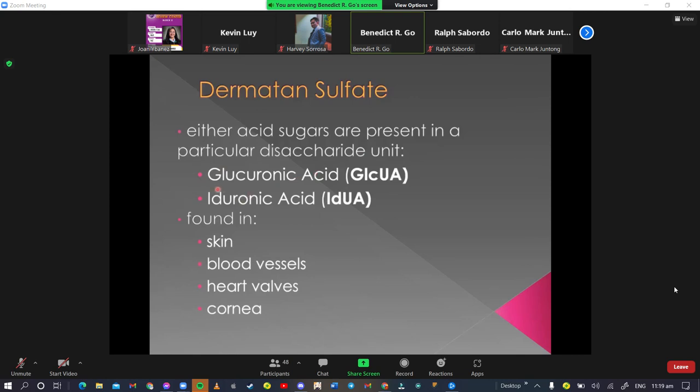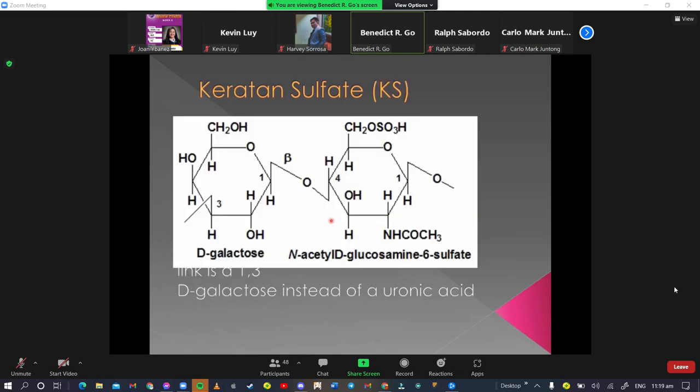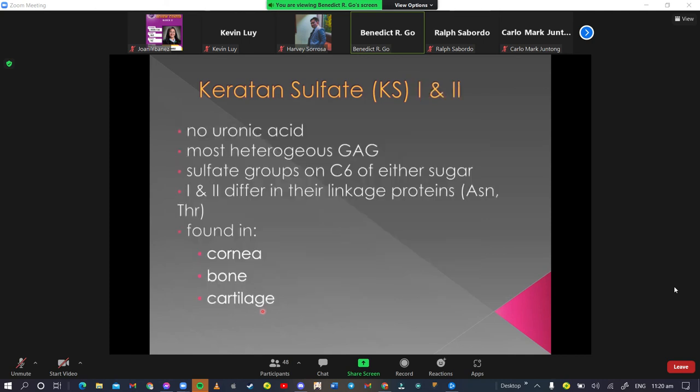So you can find both glucuronic and iduronic acid in dermatan sulfate. In keratan sulfate, I mentioned the exception earlier. Instead of uronic acid, you have galactose here. You have two types of keratan sulfate, 1 and 2. It's the most heterogeneous of the glycosaminoglycans.